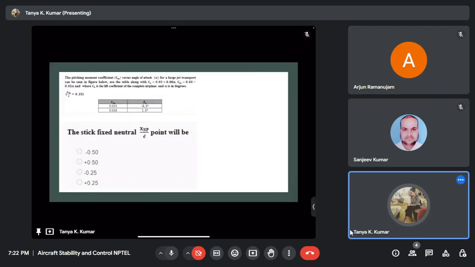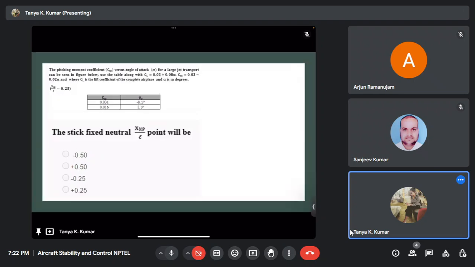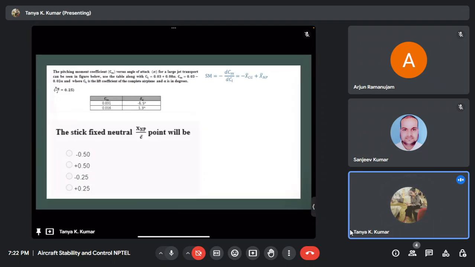Stick fixed neutral point. We have the formula for static margin, you can find it with that.